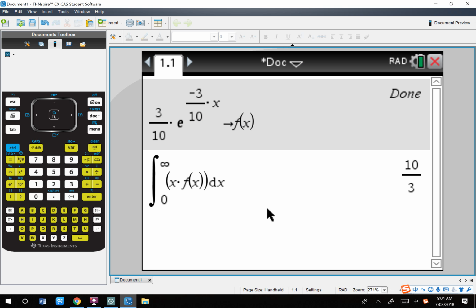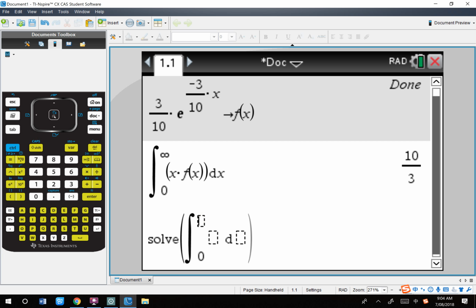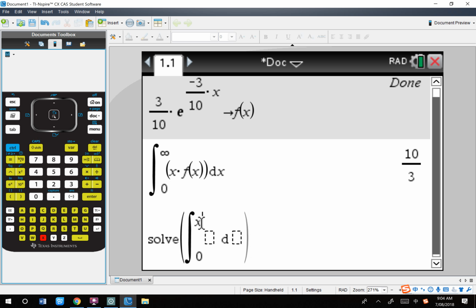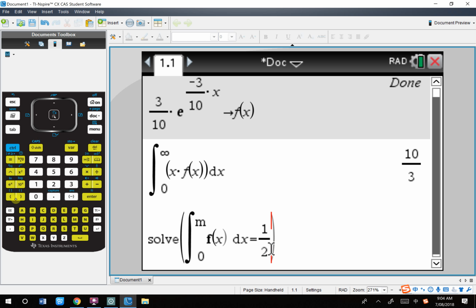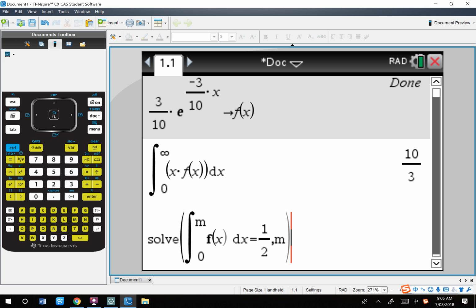So m equals solve: integral from 0 to m, I can't use x, I need to use m, of the function fx dx that gives you 0.5. Instead of saying 0.5, I'll say 1/2, to see if I can get exact. Comma m, solving for m. So the integral from 0 to m of fx dx equals 1/2, solve for m.